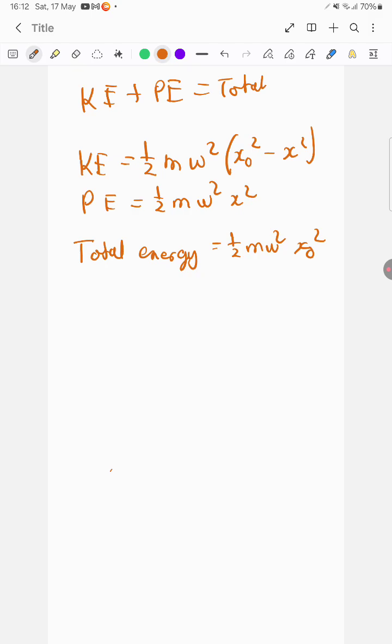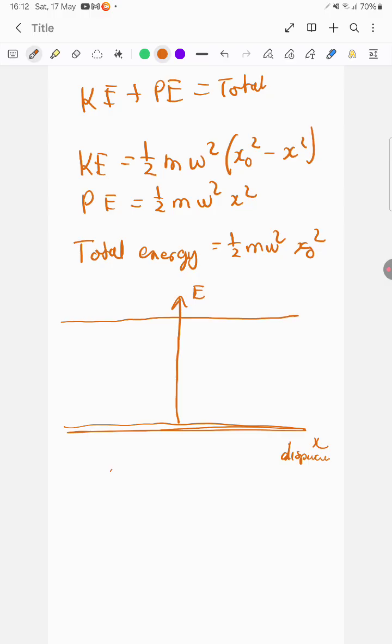Okay. If I was to draw a graph, this is the last thing now, and then we're going to take a break. If I was to draw a graph of energy against displacement, which is your x, the total energy will remain the same. Does it make sense to you that the total energy will remain the same?